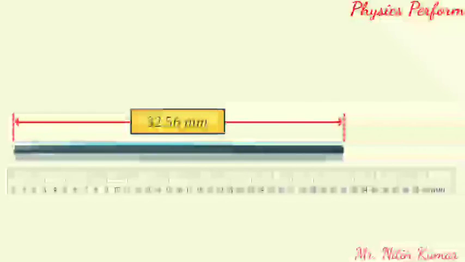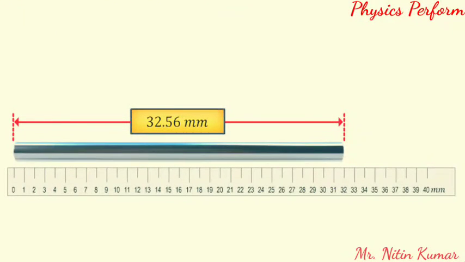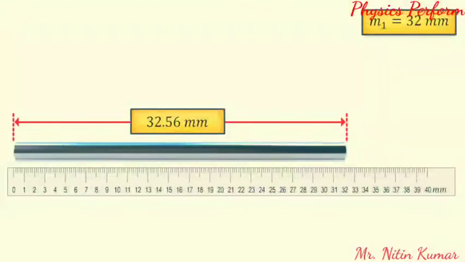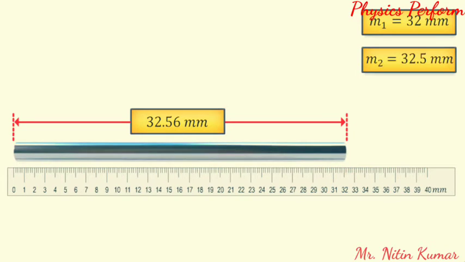Using the first instrument with a resolution of 1 mm, we obtain the measurement as 32 mm. Let us call this measurement M1. Using the second instrument, with a resolution of 0.1 mm, we obtain the measured value as 32.5 mm.